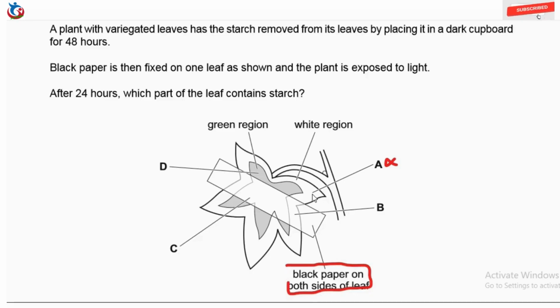It has white patches. Option B is wrong because that point is blocked by the black paper. Option C is also wrong because that part is also blocked by the black paper. Then option D is the only correct answer because the green region is not blocked and it is exposed to sunlight. That makes option D our correct answer.